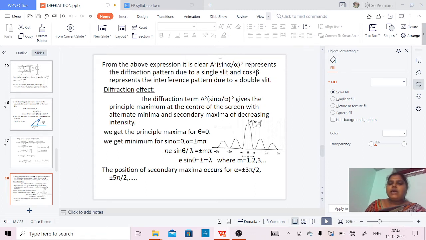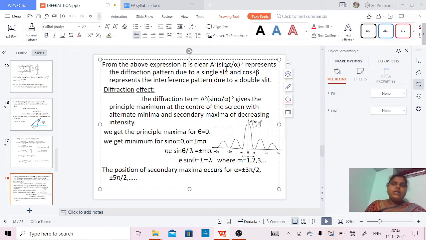So here A square into sin square alpha by alpha whole square represents the diffraction pattern according to the single slit. And what we gain additionally is cos square beta, which introduces the interference pattern. So the double slit experiment exposes both interference and diffraction pattern, as we said in the earlier topic.